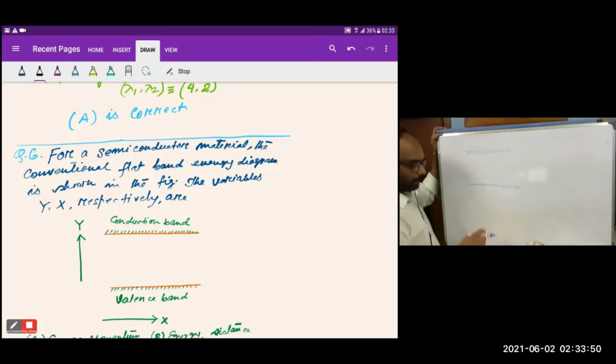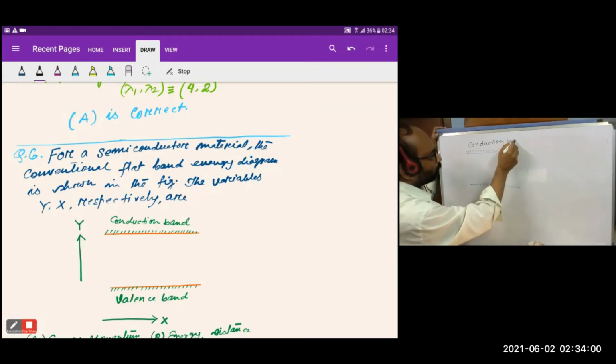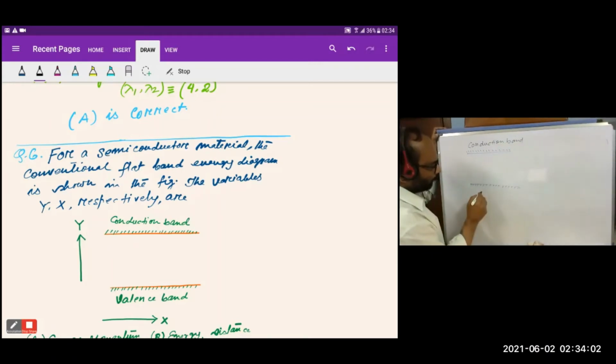Okay, this is my conduction band. And this is my valence band.